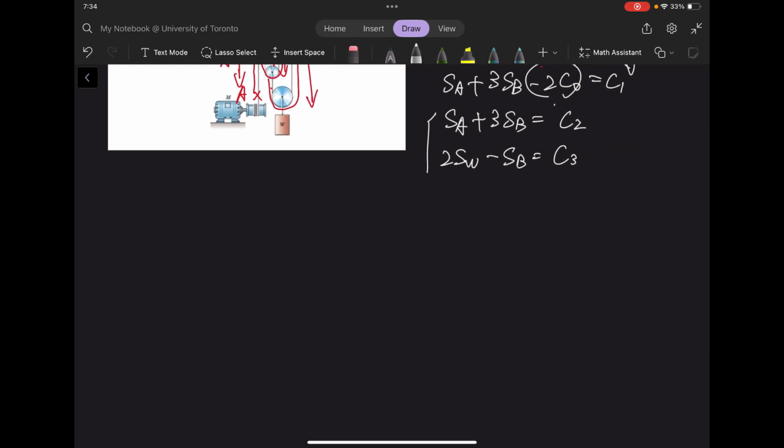Take the derivative of these two equations with respect to time. We have VA plus 3VB is equal to 0, and 2 VW minus VB is equal to 0. Solve these two equations. We have VW is equal to negative 1/6 VA.